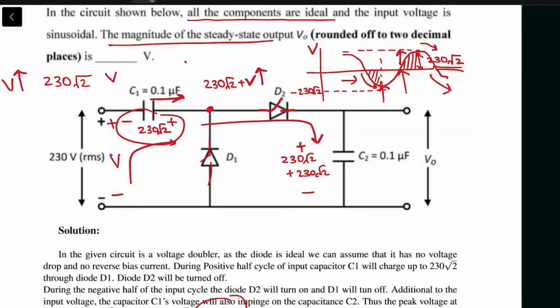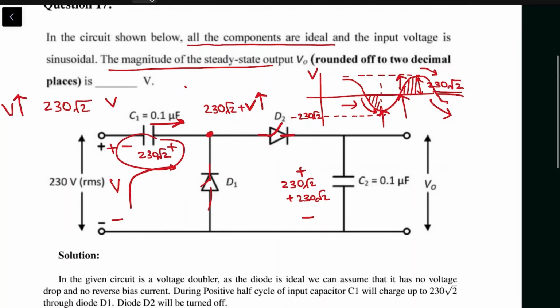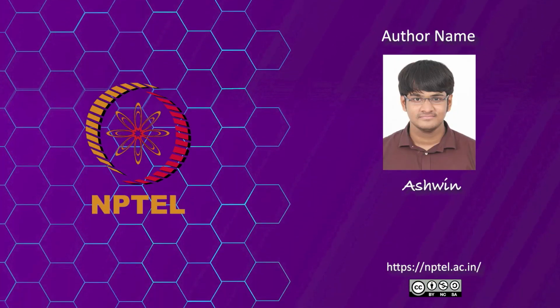So the steady state value will be 650.54 volts.